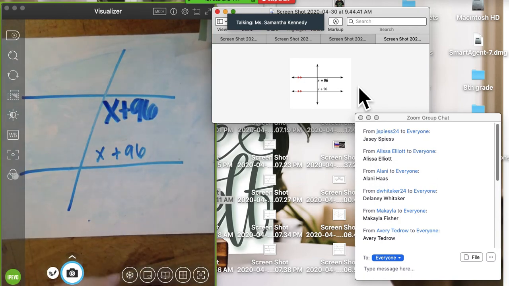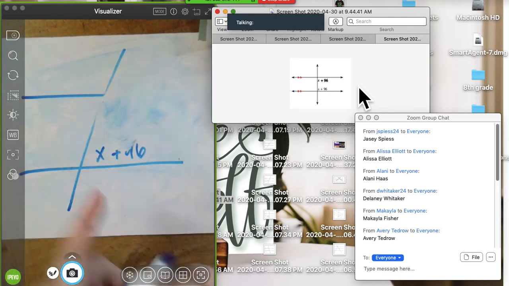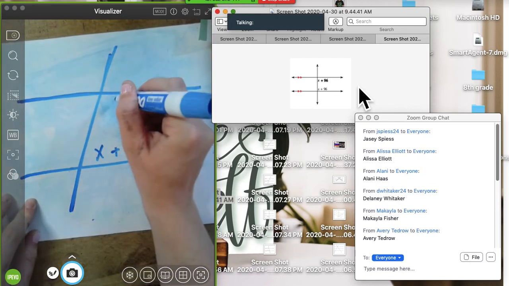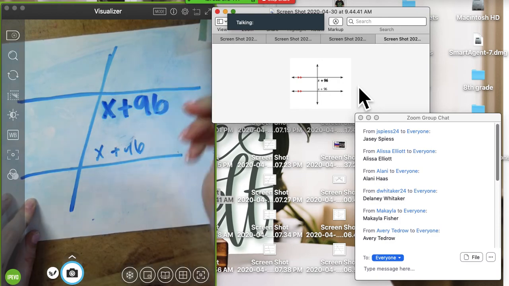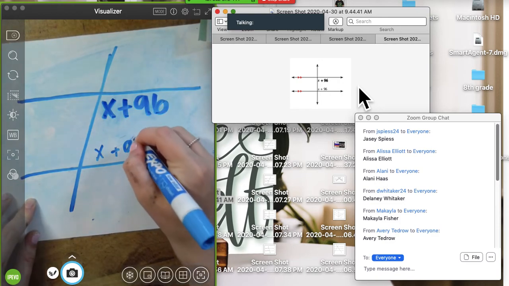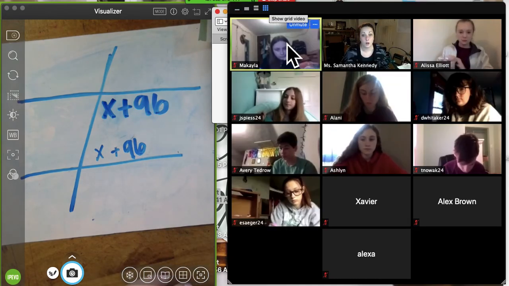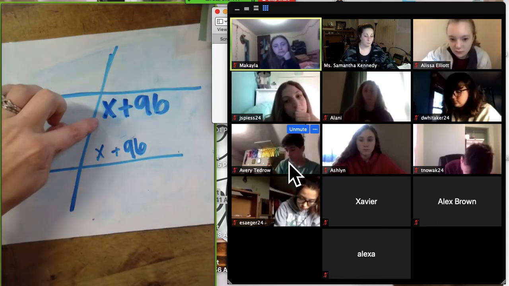I don't know how to bold stuff. So you're not necessarily solving for x. Well, you are, but then we're going to apply it to solve for the angle in bold.